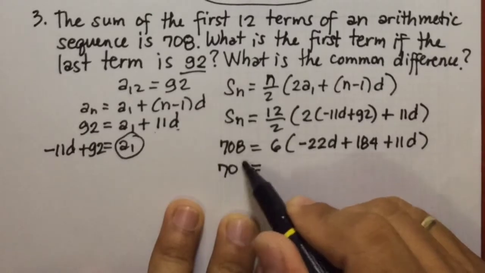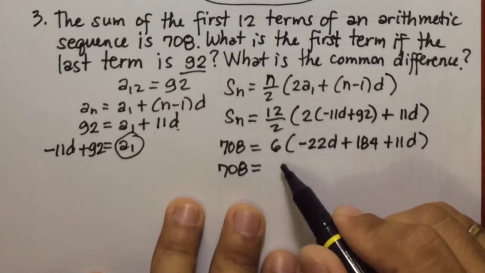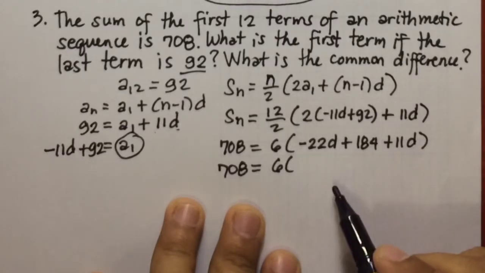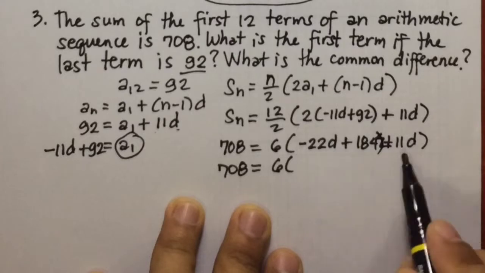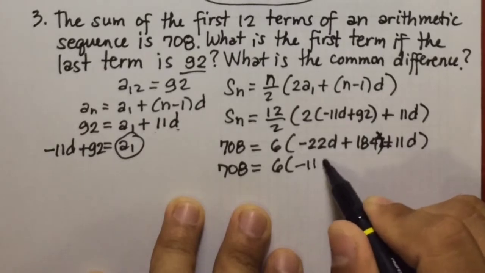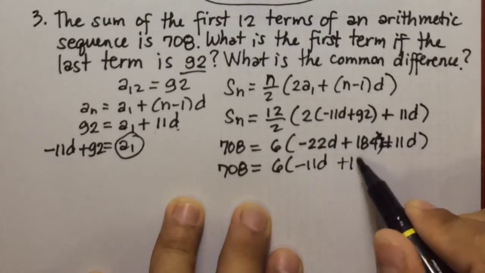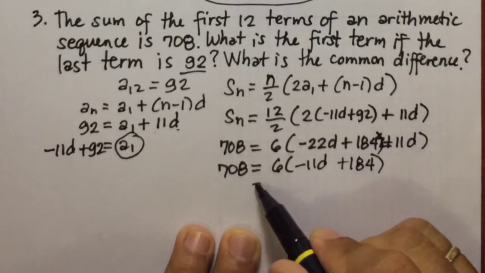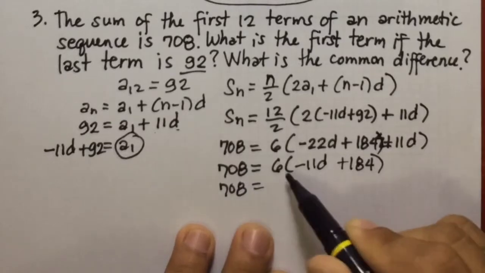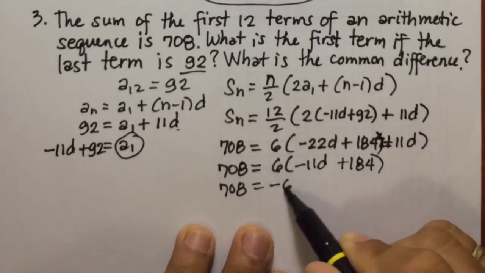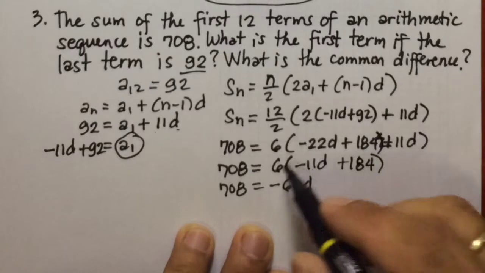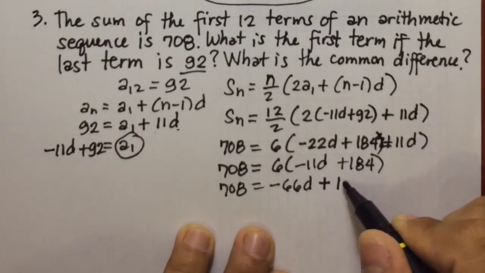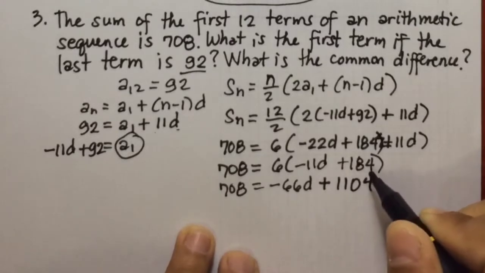Then 708 equals 6 times negative 22d plus 11d, which is negative 11d, then plus 184. Then 6 times negative 11d is negative 66d, and 184 times 6 is equal to 1104, so plus 1104.